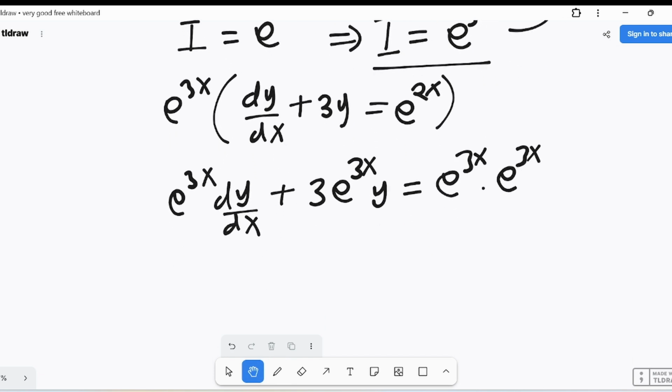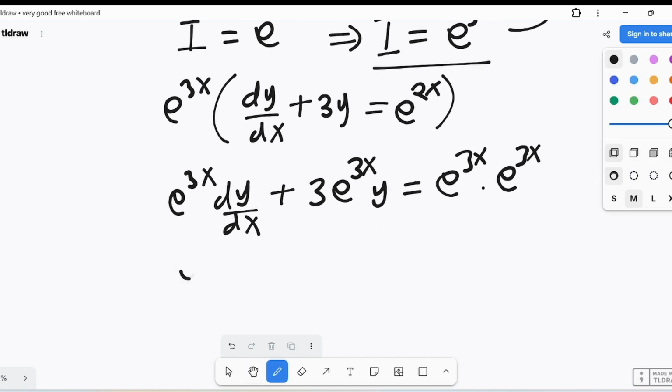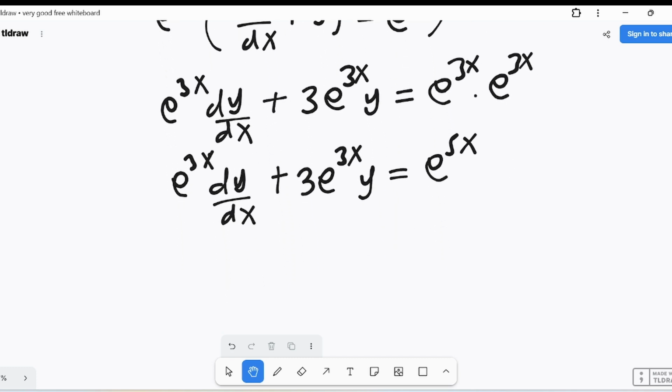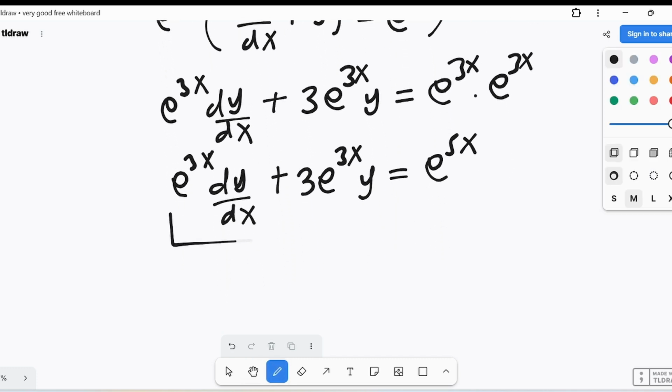If we simplify this, we shall have e of 3x dy by dx plus 3 e of 3x y is equal to e of 5x. This is what we said, that the moment we multiply throughout, this is now an exact DE.